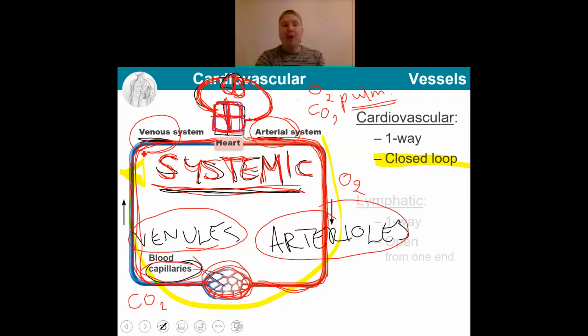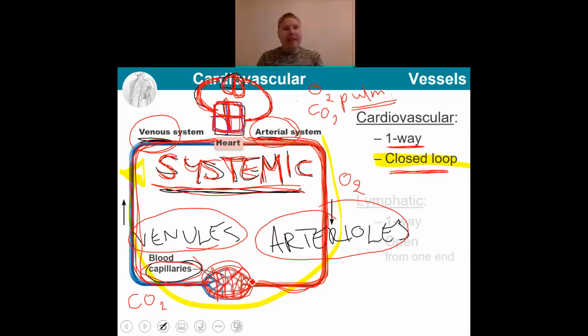A couple of things that we notice about how the blood travels within the vascular system is that it's a one-way system, so blood travels in only one direction. In addition, this loop is closed, so there are no gaps anywhere. All of these are tubes that are connected to the following tubes. So it is a closed loop system.